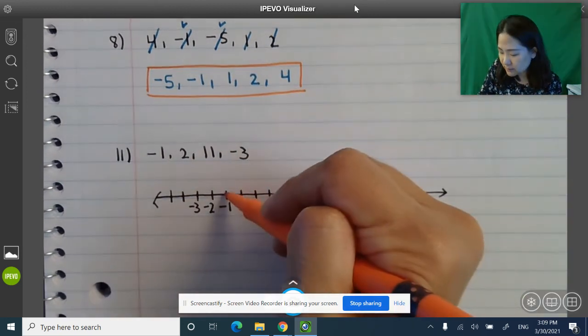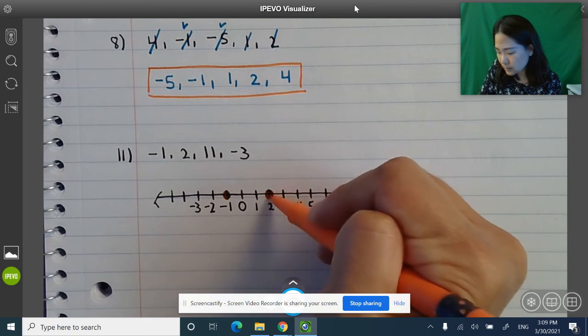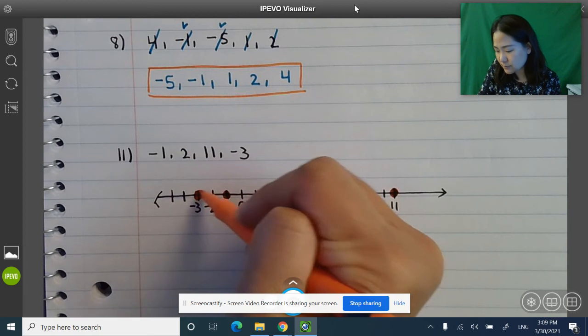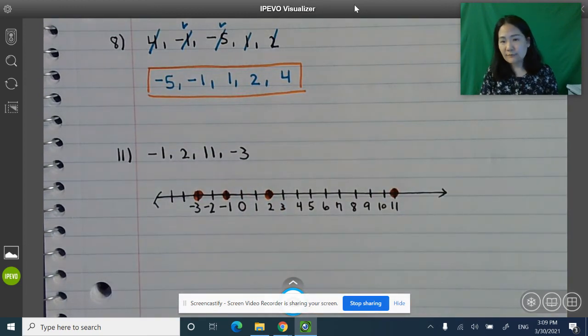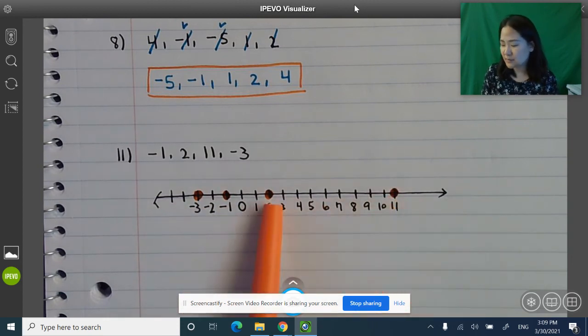Here's negative 1. Here's positive 2. Here's positive 11. And here is negative 3. Now, if you were simply ordering the numbers from least to greatest, this would be the order. If you were to order from greatest to least, this would be the order.